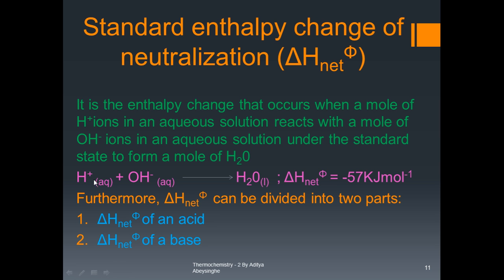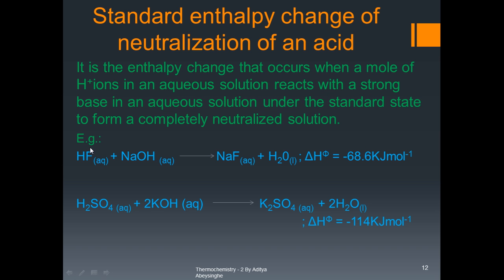That value is actually due to the formation of H2O from H plus ions and OH minus ions. But there are also compounds in which we have fluorine and sodium. You should break those bonds and then form sodium fluoride as well. So some energy is dissipated for such a reaction. So finally you don't get that minus 57 for most reactions. For reactions involving a base and an acid of this kind, you will get a value that is different from the general value of minus 57. So in this case you get minus 68.6.